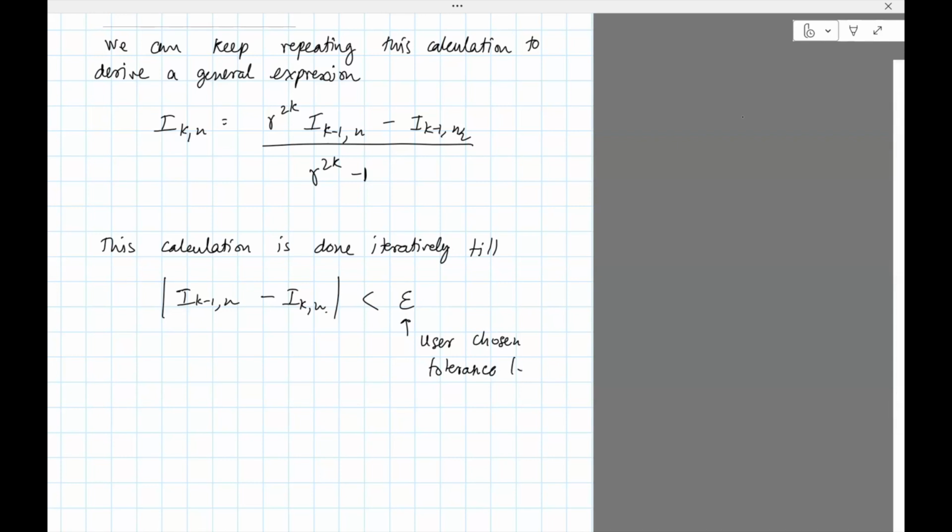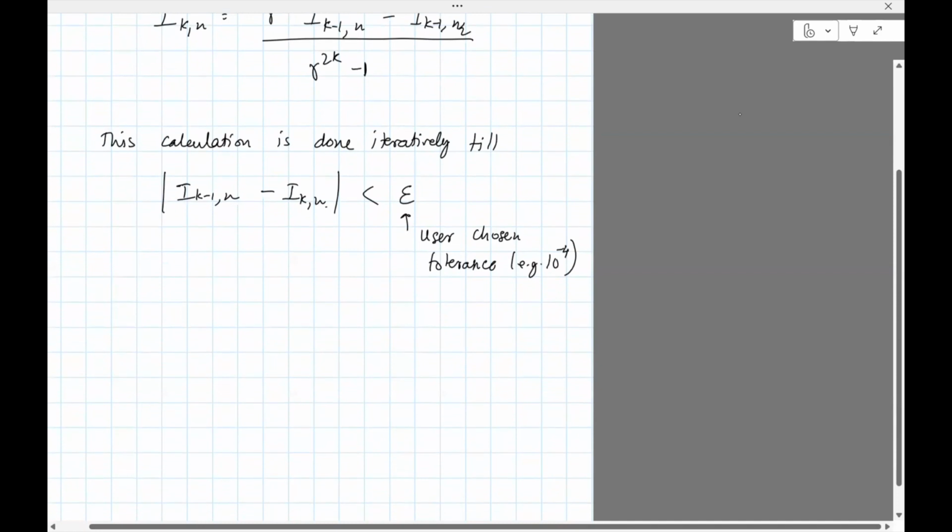Okay, for example, 1e negative 4 will do. So you're ensuring that the 4 decimal places don't change between successive iterations.